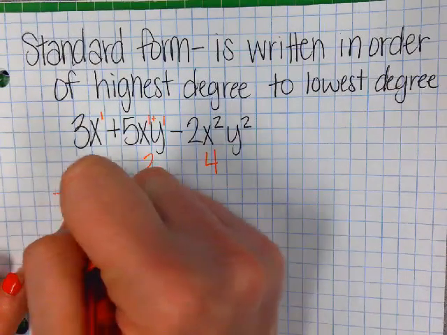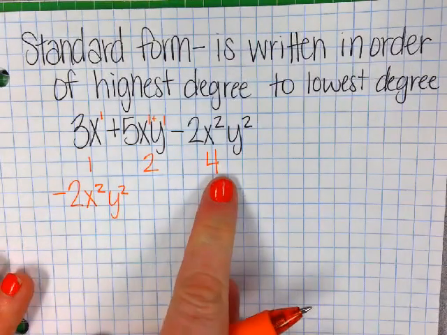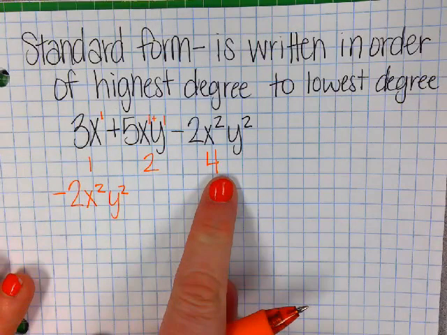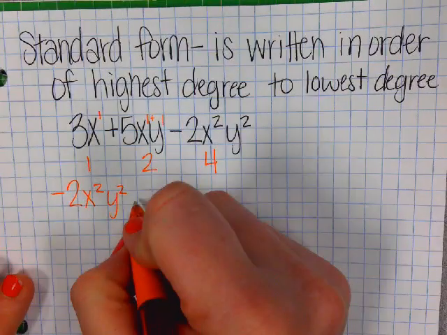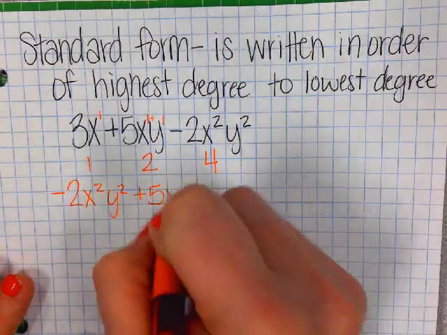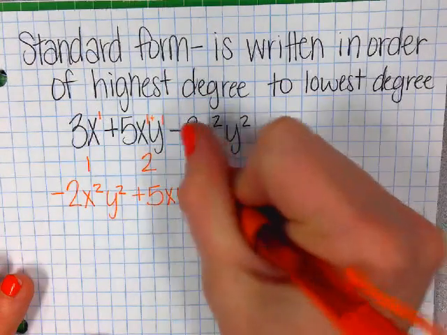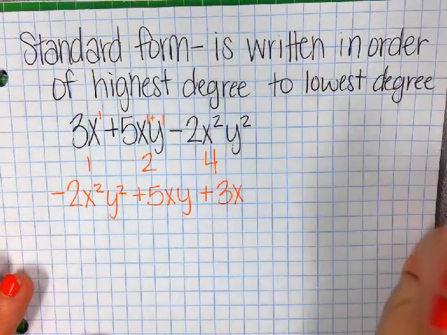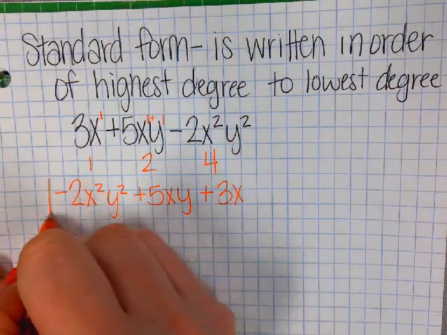So it would be negative, make sure you take the negative with it, negative 2x squared y squared. What comes next? The first term or the middle term? The middle term, so the 5xy, and then the first term needs to be written last, so 3x.